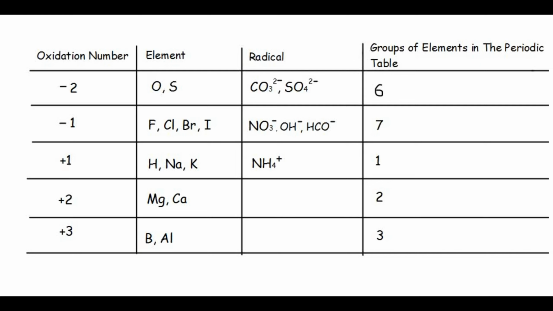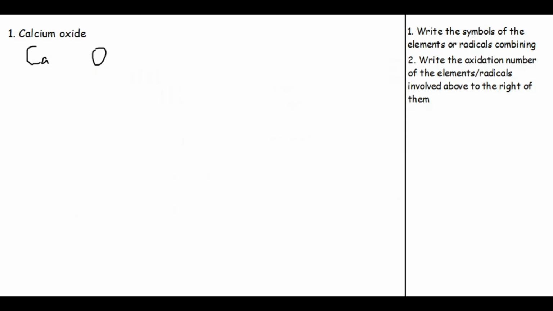We have the oxidation number of calcium as positive 2 and the oxidation number of oxygen as negative 2. So we are going to impute those oxidation numbers above the elements to the right. So calcium has positive 2, I'm going to write that there. And oxygen has negative 2 as its oxidation number.